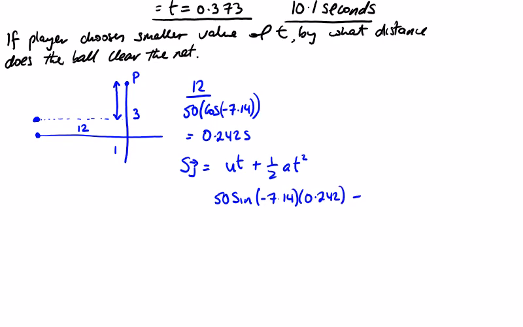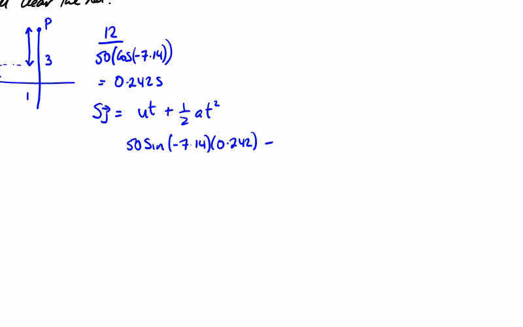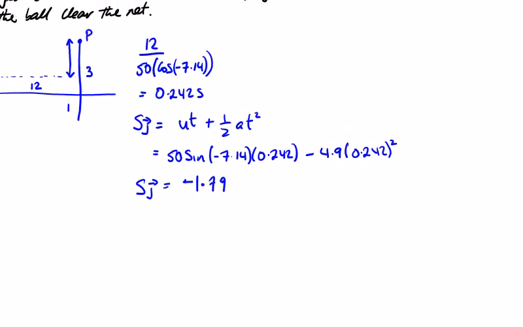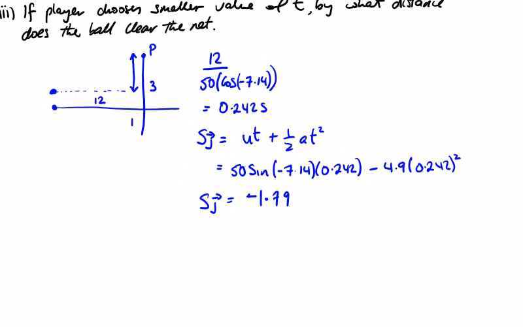And I can go straight to minus 4.9 here, g over 2, minus 4.9 by 0.242 squared. So this is going to give me minus 1.79. So it's gone down 1.79 meters. This distance on this side from here to here was 2 because the height of the net is 1. So we're going to have to say 2 take away 1.79 meters is equal to 0.21 meters or 21 centimeters.